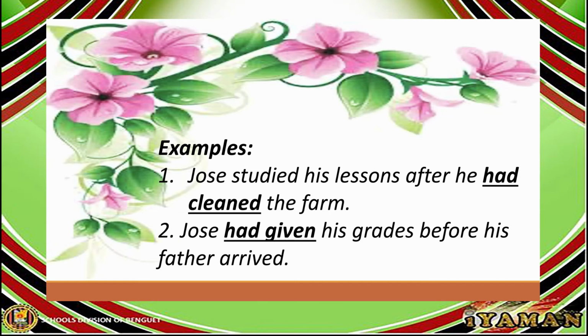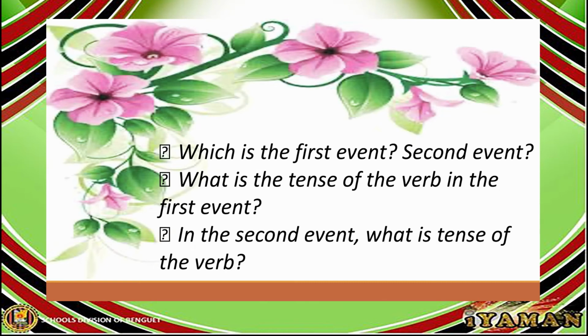The second, Jose had given his grades before his father arrived. So in these sentences, which is the first event? Which is the second event? Now, what is the tense of the verb in the first event? And what is the tense of the verb in the second event?